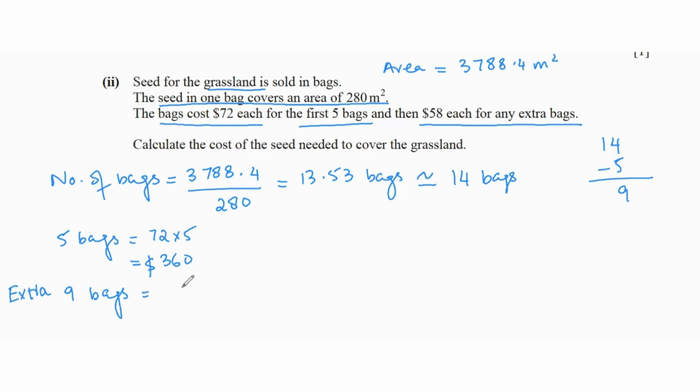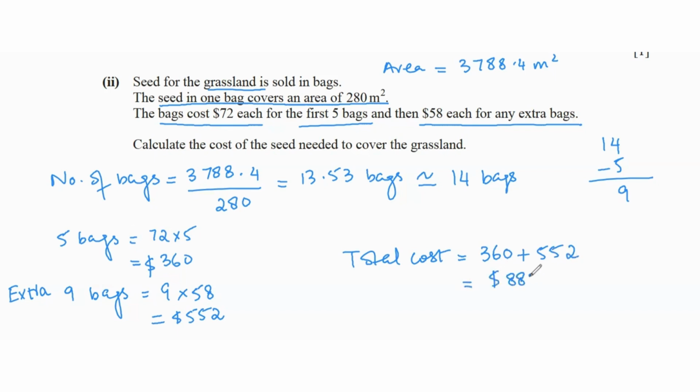So that's 9 times 58, which gives us $552. The total cost is the sum of 360 and 552, which equals $882. That's your answer.